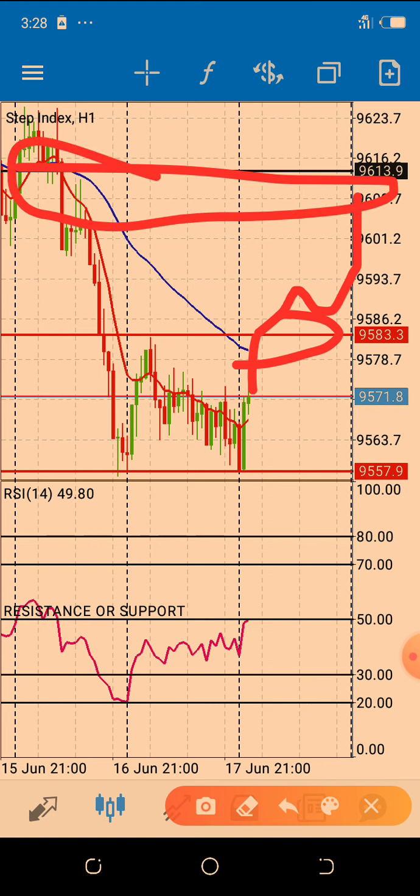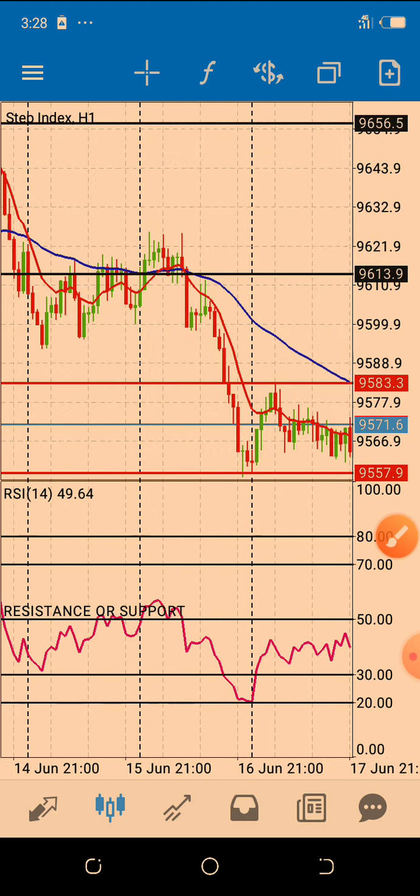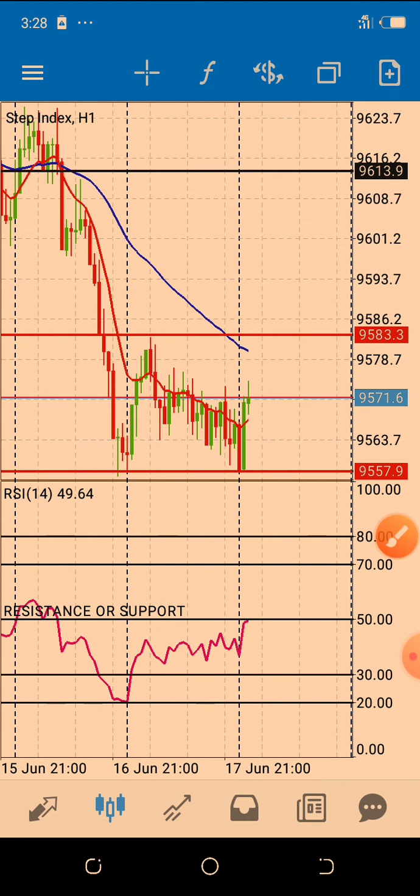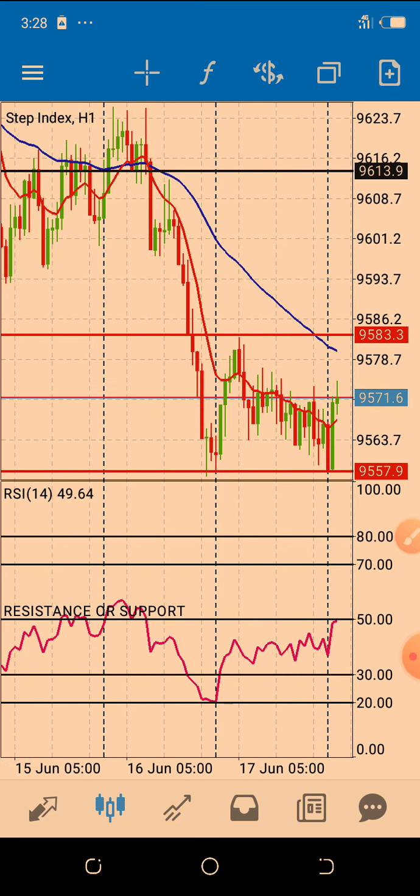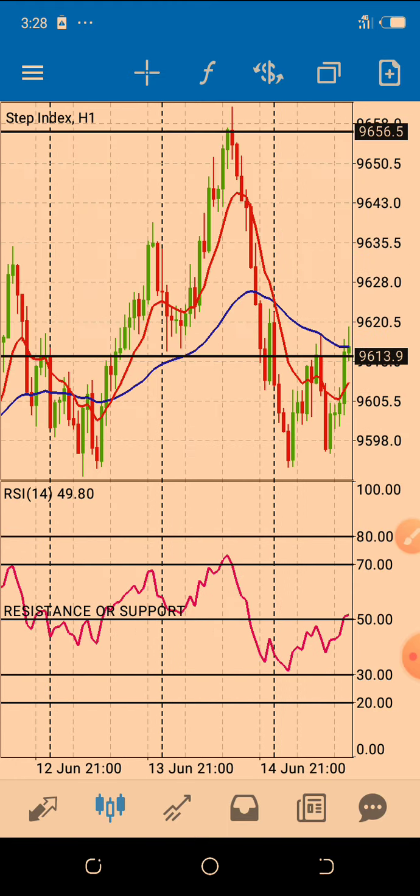We expect price to get there if it's able to push up and break above the highs of yesterday.